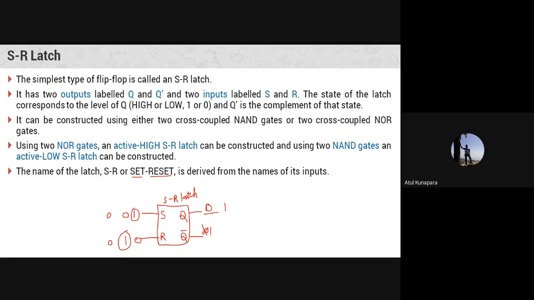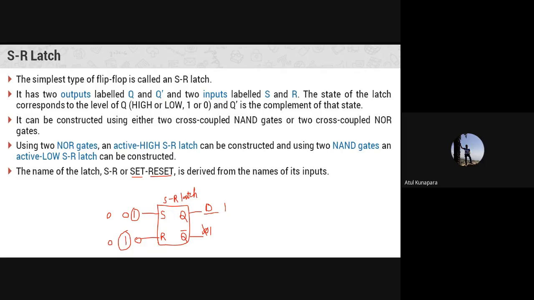It will not change unless I change the inputs S and R. It will remain in the set or reset condition, whatever was given prior to that. You can read out all these sentences, that will help you understand what I was talking about.